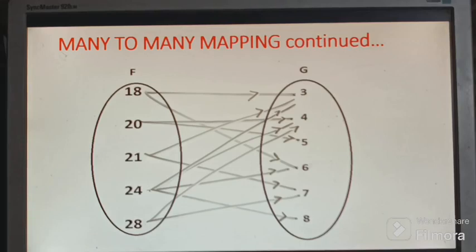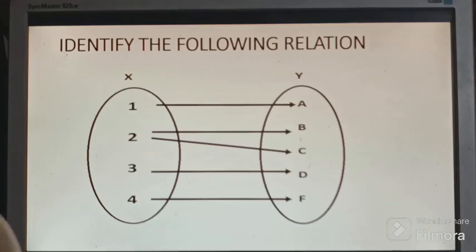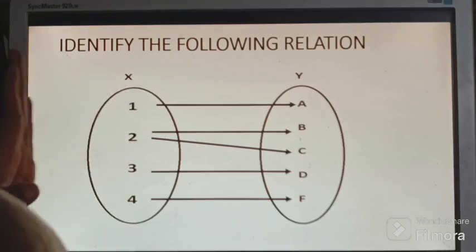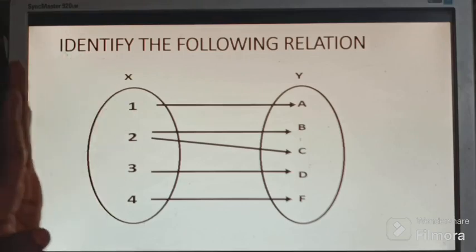Finally, let's discuss the following questions, whether we can identify the type of mapping given. What type of mapping are we given here? Let's identify it. So, how do I identify it? Remember, look at the arrows. The trick is with the arrows. Always remember which one is the domain.